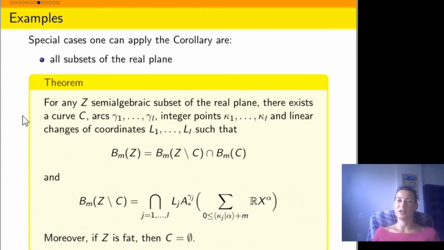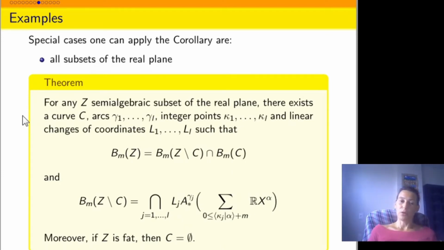So L_j is the linear change of coordinates, and A_gamma_j is a translation by an arc. It's also a change of variables, but a trivial one. And we apply this to the space of all polynomials spanned by the monomials that are given by this inequality: the monomials in this half plane, given by kappa_j scalar product with alpha, because this is how I denote the scalar product, plus m, where m is exactly the degree of the module.